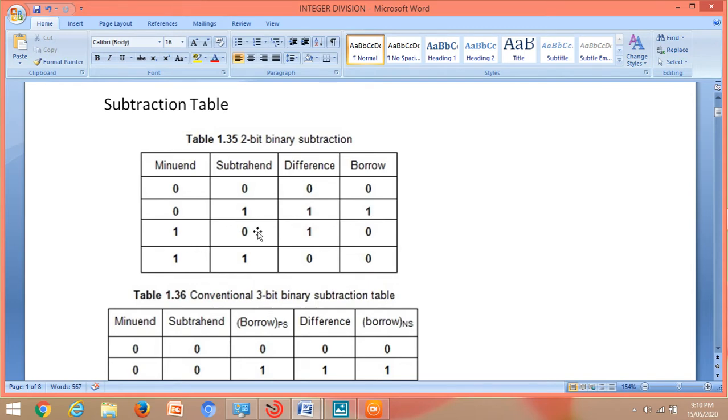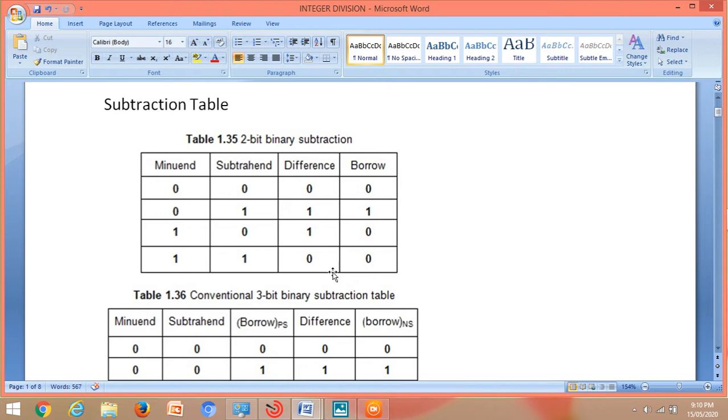Then 1 minus 0, the answer is 1, and borrow will be 0. 1 minus 1, answer is 0, and borrow is also 0.